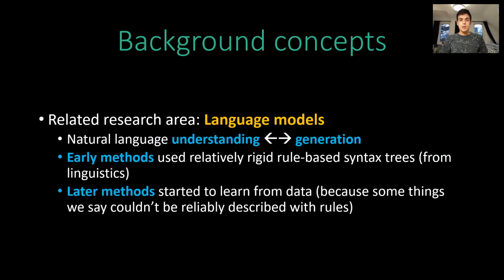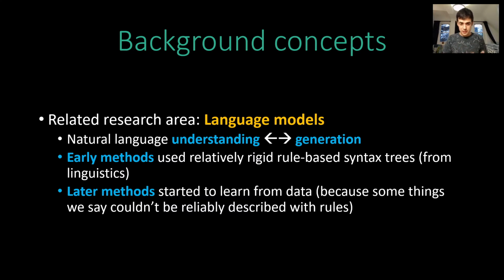Okay, so a related research area in this field is the so-called field of natural language processing, or dealing with language models. The idea is that we would like to understand human language and be able to generate it. And if we are able to generate it, the model already has to have some understanding, so these two things are linked.